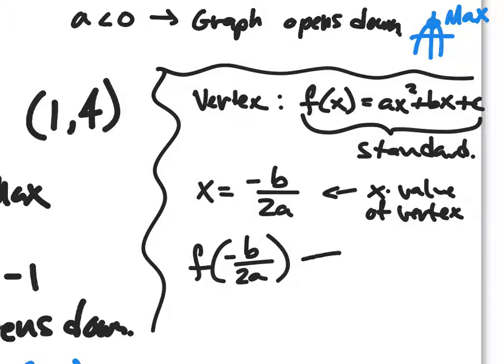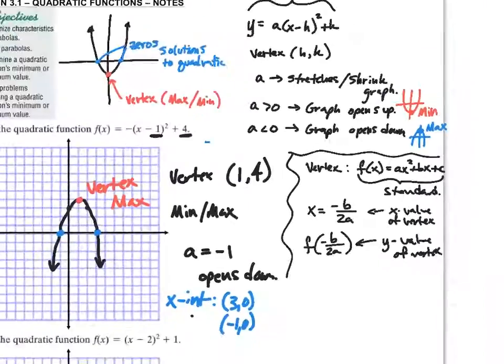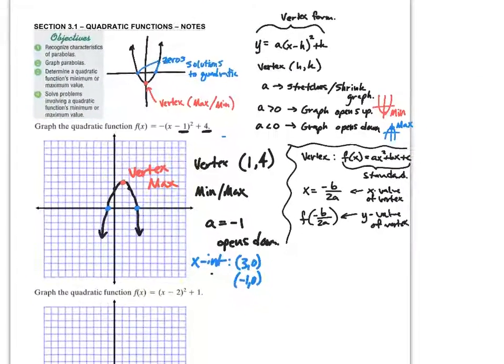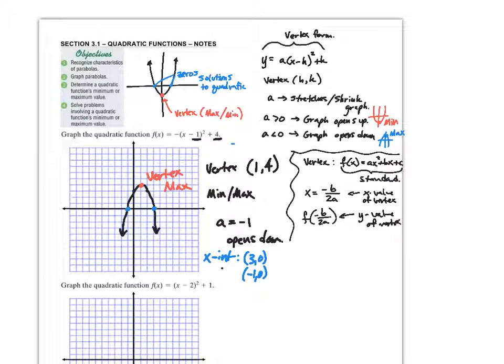Okay, and I plug that x value into my function, and it'll give me my y value. This is my y value of the vertex. Okay, so go ahead and finish out these problems. That, guys, will tell you your maximum or minimum value, okay?